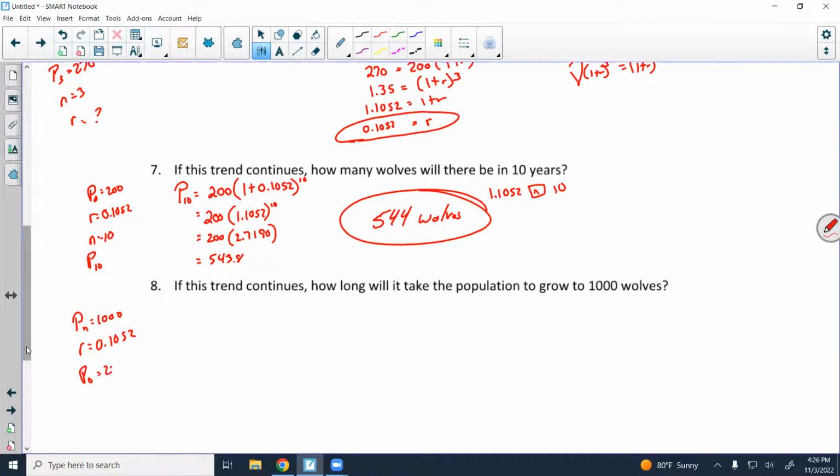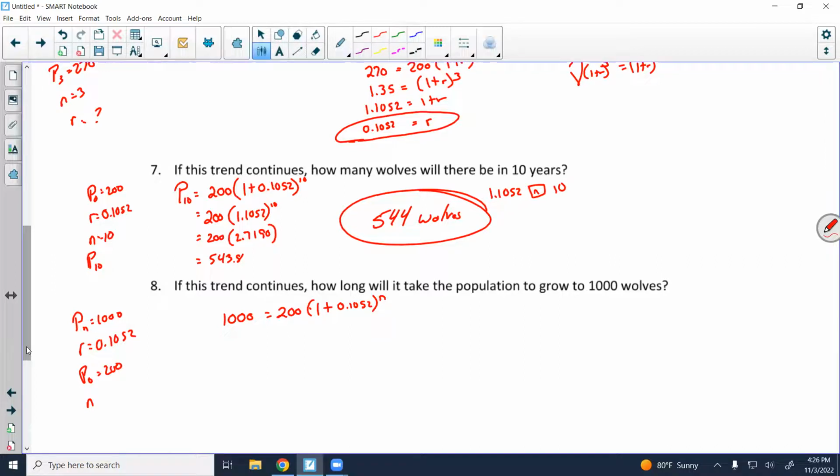P sub 0 is 200, but I do not know N. That's what I'm looking for. So, again, straight from the formula, 1,000 equals 200 times 1 plus R. Oops, we know what R is. 0.1052 to the N.